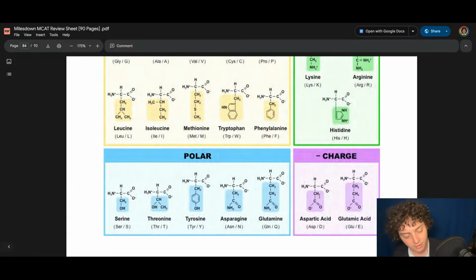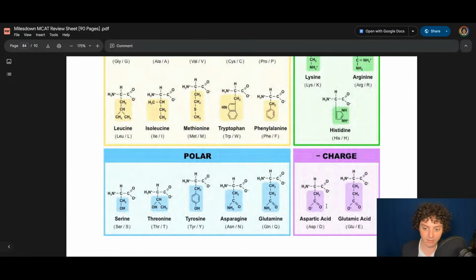Losing a proton is what defines an acid. So these are negatively charged. They are acidic as well. So their negative charge and their acidity is describing the same property of that structure to lose a hydrogen atom.